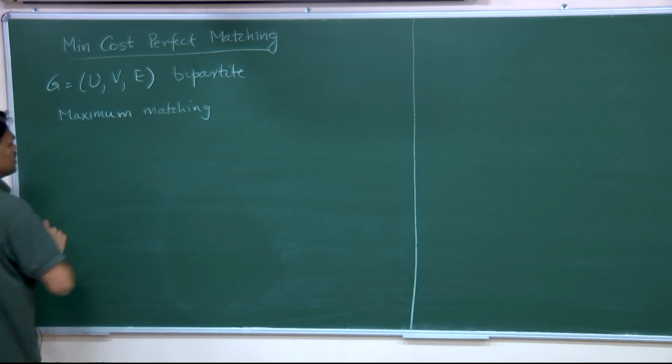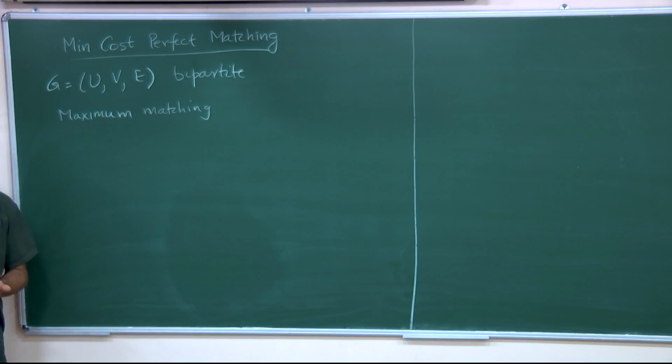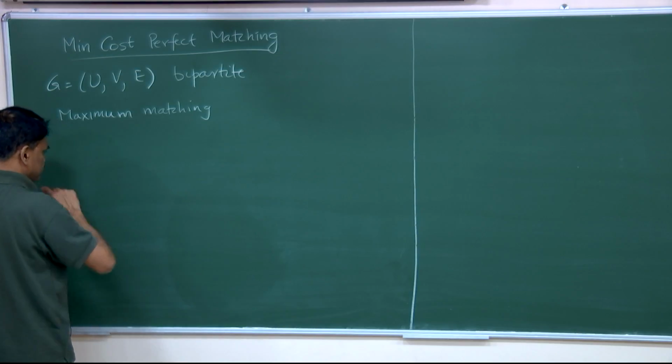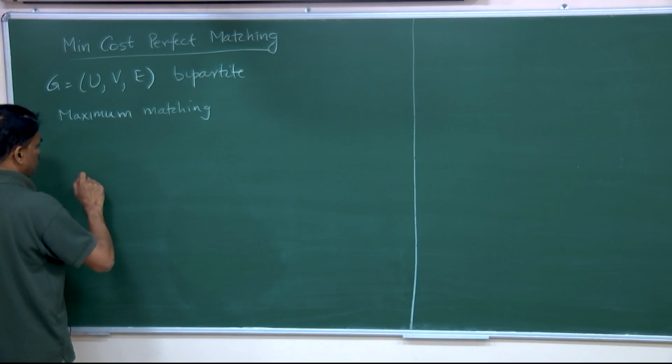Maximum matching is the maximum collection of disjoint edges. How did we do it? Remember, we did it using MaxFlow. We set up a source and sink and added a capacity of 1 for all edges, right? So now it's useful to know how the algorithm works.